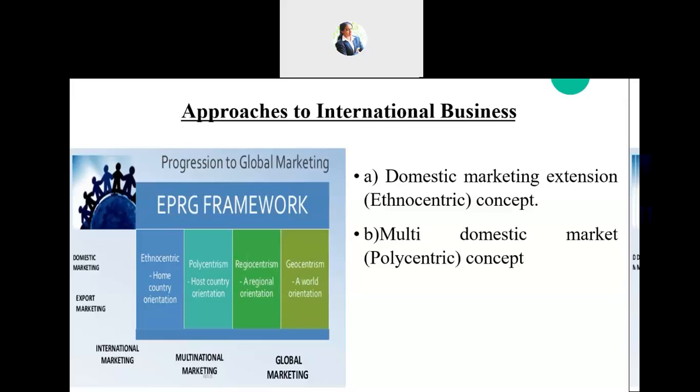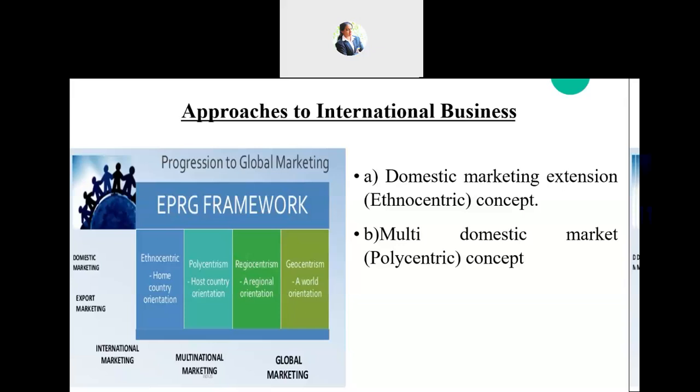But when it comes to polycentric orientation, there would be as little control as possible over its subsidiaries, and the headquarters would give freedom to its subsidiaries to take their own decisions and also to come up with different strategies. So each of its subsidiaries stands as unique and strong in the domestic market in which they are doing the business.